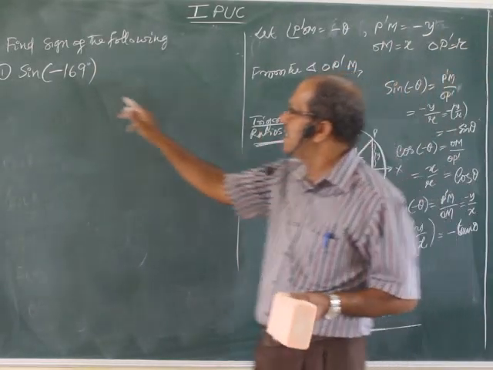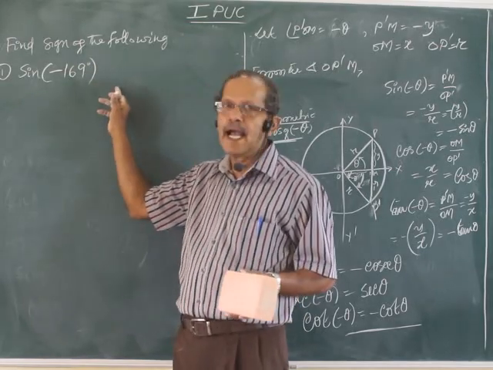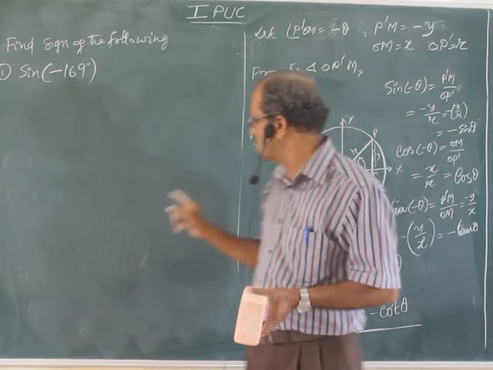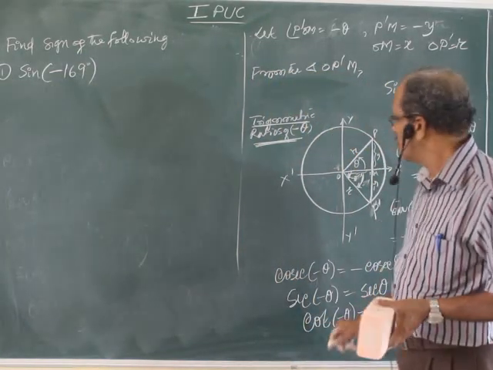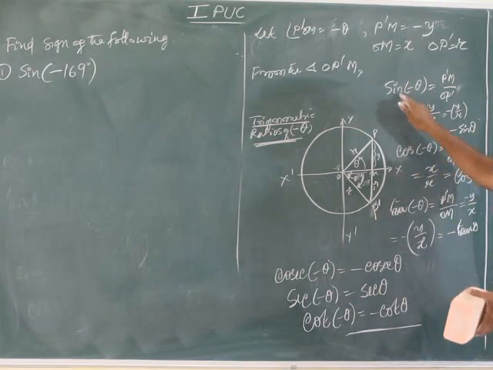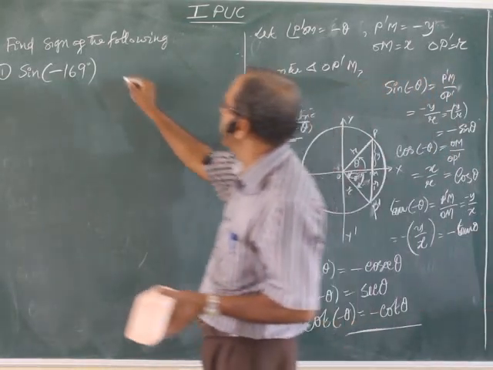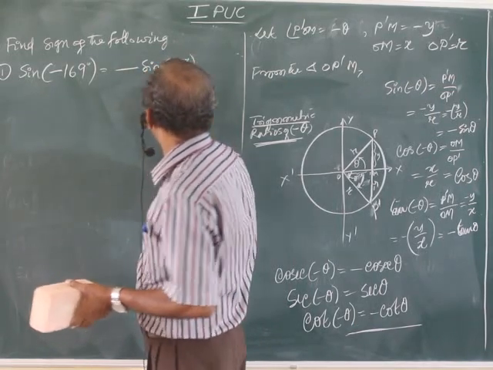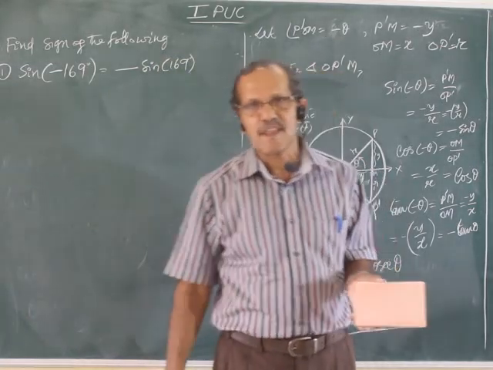First method you already know: subtracting this from 360, obtaining the angle, then deciding the sign. Second method, I am using this one: sine of minus theta is minus sine theta. So let me write this one as minus sine 169. Whichever is easy, you can use the method.